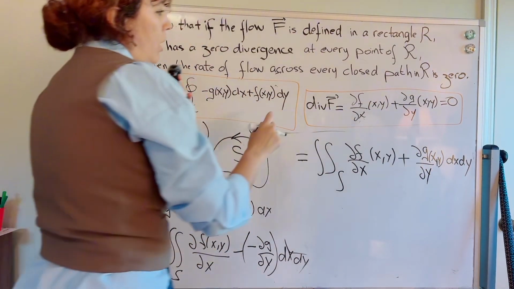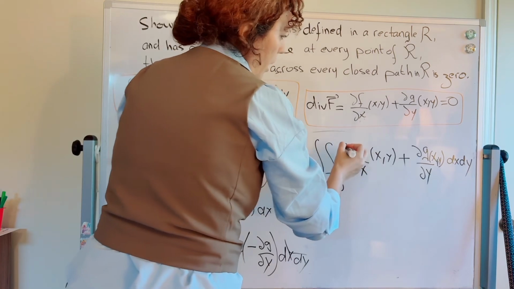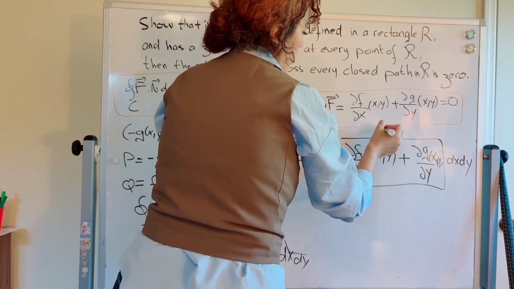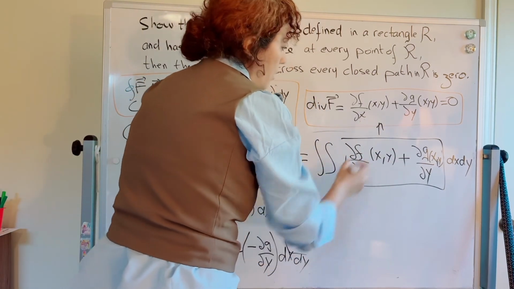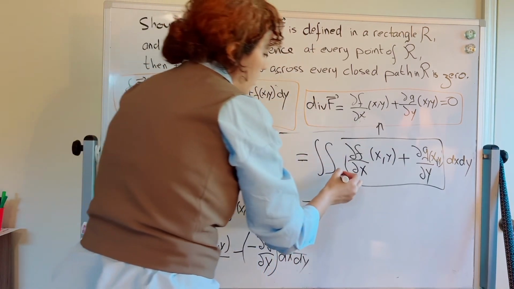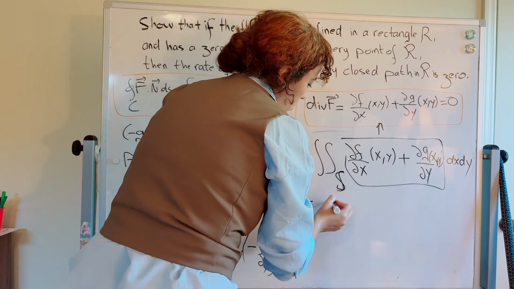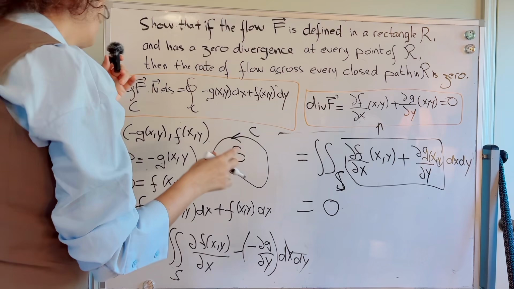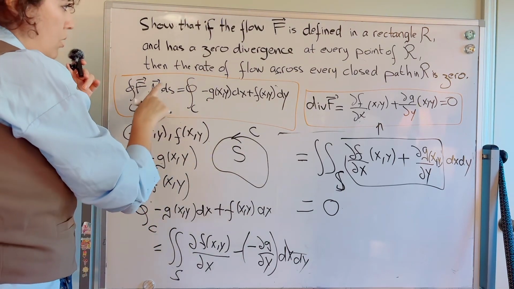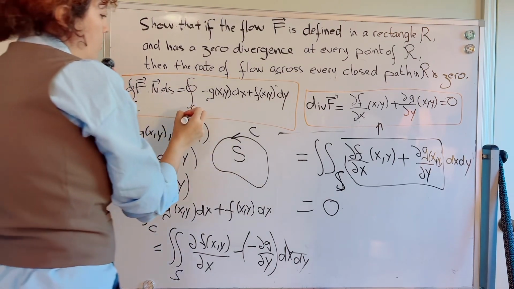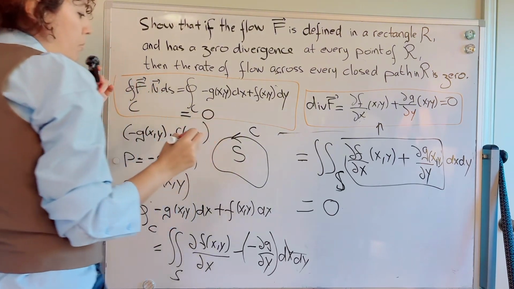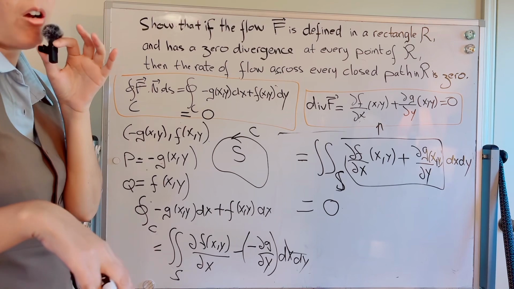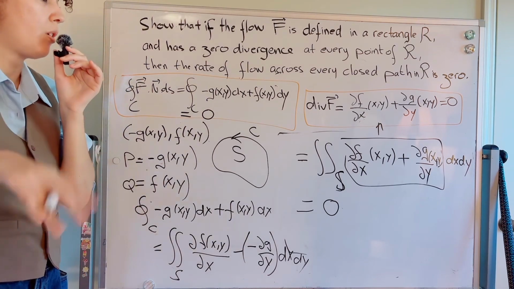And we know this is the divergence, and it's equal to 0, which means this integral is equal to 0. So we proved that the rate of flow across every closed path in R is 0.